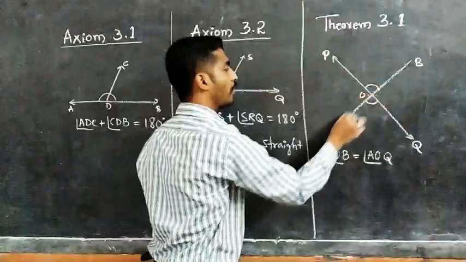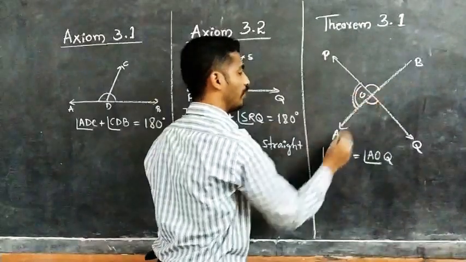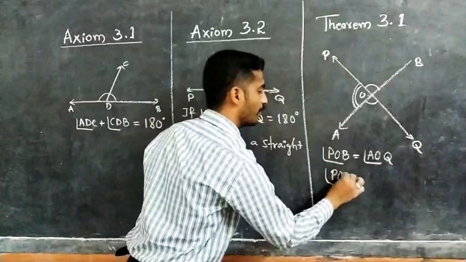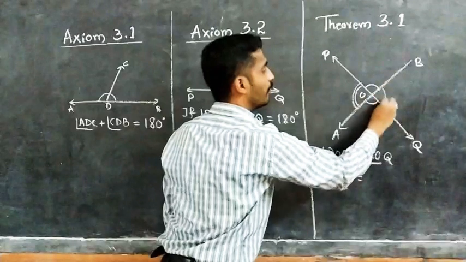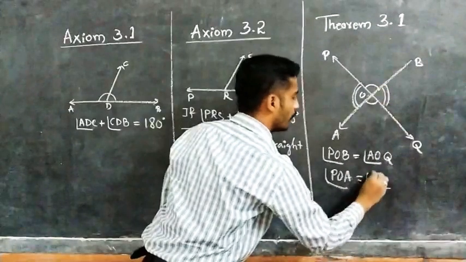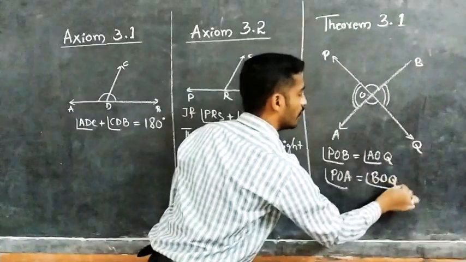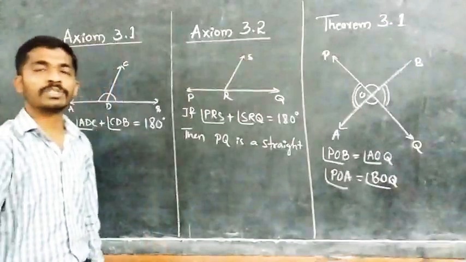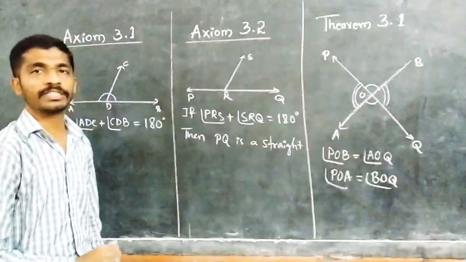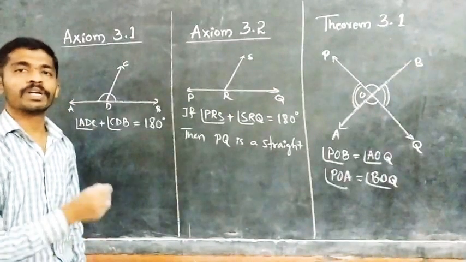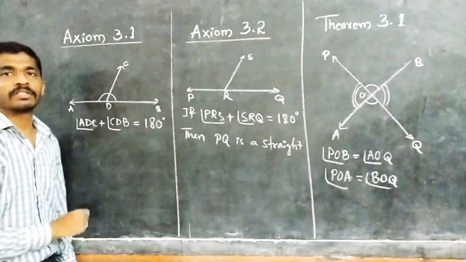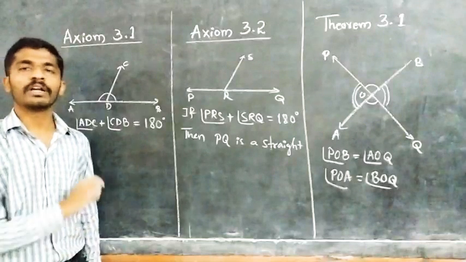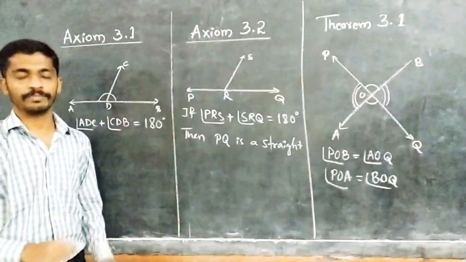Similarly, POA equal to BOQ. These are vertically opposite angles which are equal to each other. Understood the concept? First you write the statement and draw these diagrams, then you will understand the whole concept.